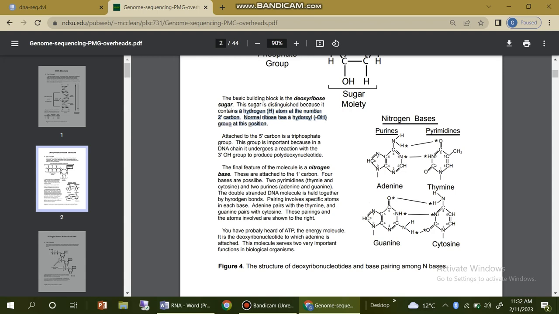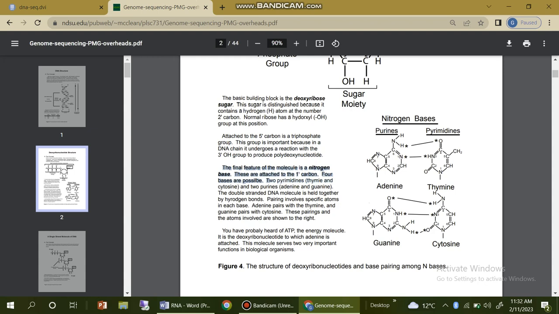Attached to the 5 carbon is a triphosphate group. This group is important because in a DNA chain it undergoes a reaction with the 3 OH group to produce polydeoxynucleotide. The final feature of the molecule is a nitrogen base. These are attached to the 1 carbon.